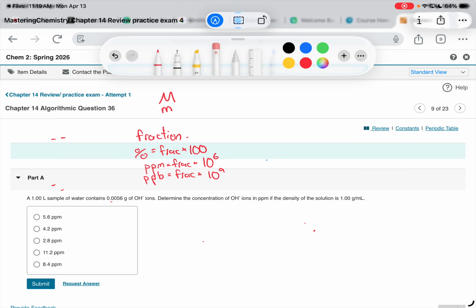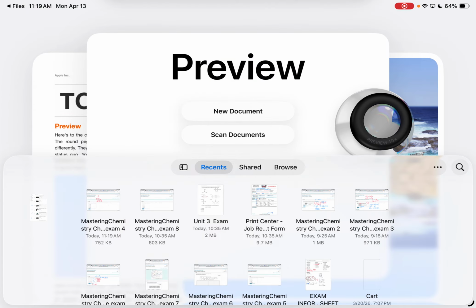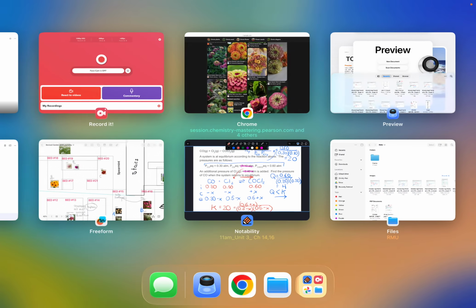I want to make sure you realize that when we first started, it felt like a lot of different concentration units, but they're not all that different. I wrote it down here, but you can also see it in the exam equation sheet. I don't like how they changed this.